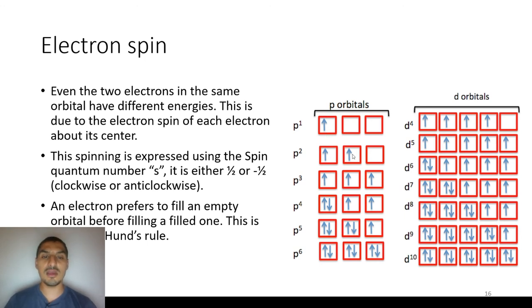Each one of them is filled with 1 electron before going to fill the second electron in each one of these orbitals. Again, for the D, they're going to be filled like this, and then it starts to fill the second electron in the first orbital, the second, third, fourth, and fifth, till it's all saturated.